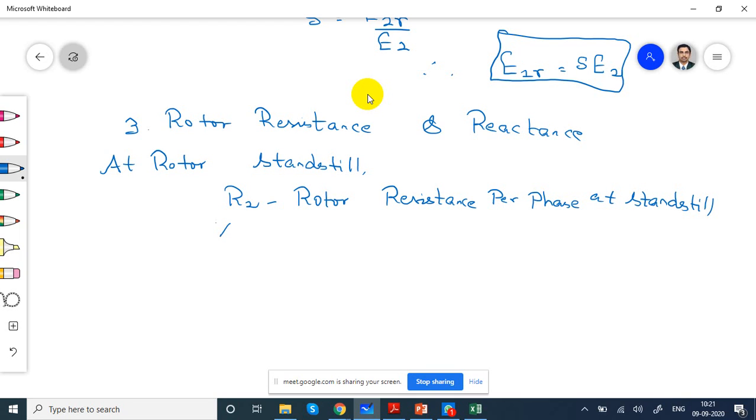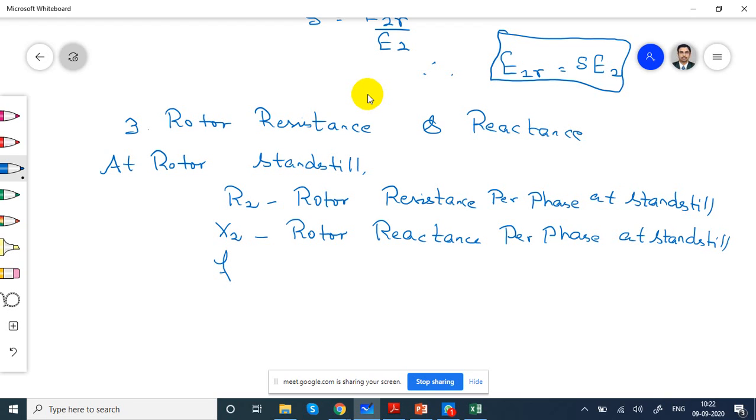Next one is X2. X2 will be the rotor reactance per phase at standstill. Okay, rotor reactance per phase at standstill.